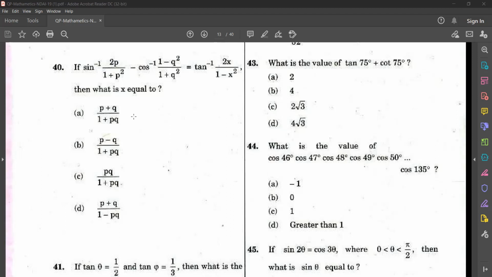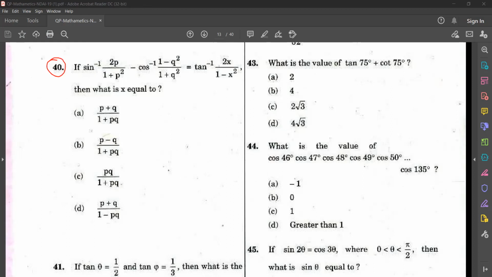Once you get the answer, just comment it. Are you getting the answers for the 40th question?